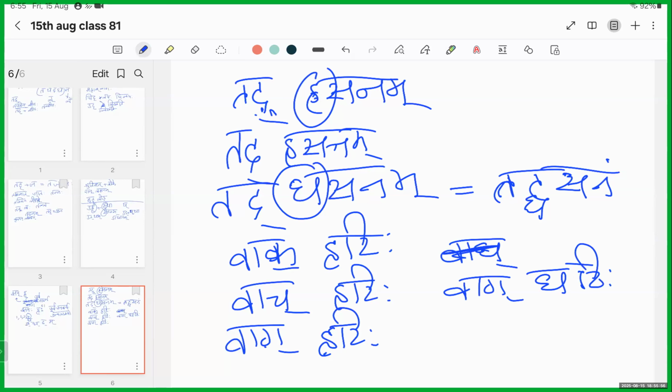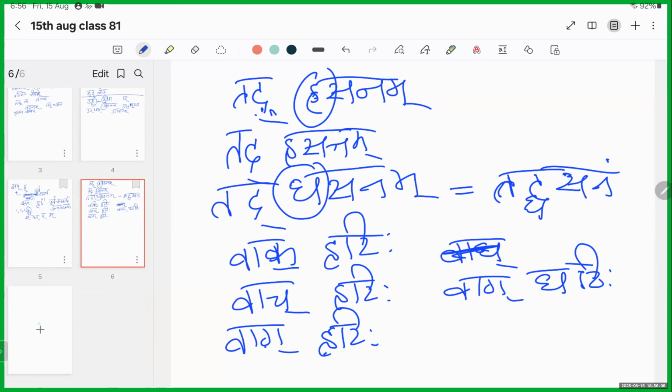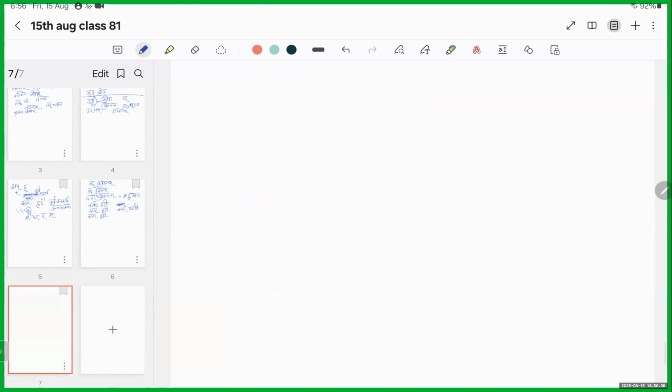Then, suppose you want a word which does not have any vowels. You want a word which has no vowels. No means hina, bereft of.